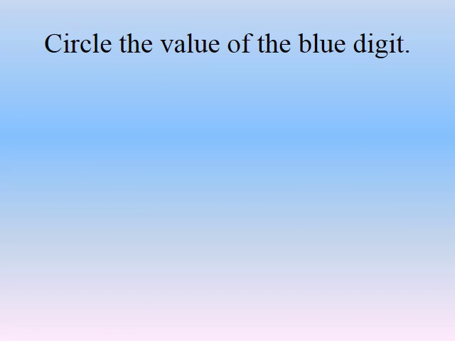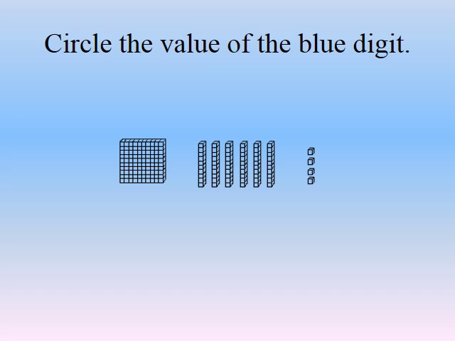Okay, now that we understand that each digit's value depends on where it is in the number, we're going to go ahead and decide what the value of each digit will be. So here I have the number 164.